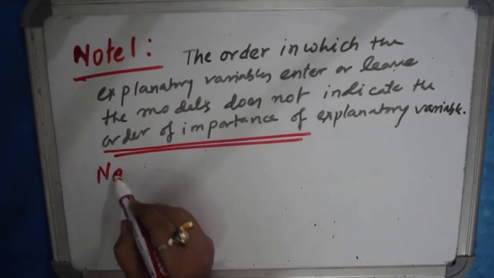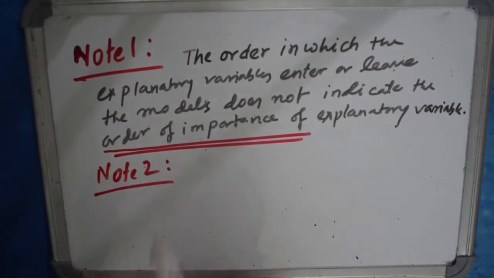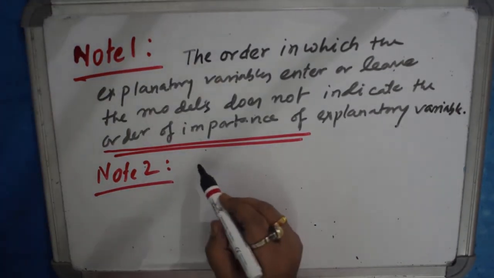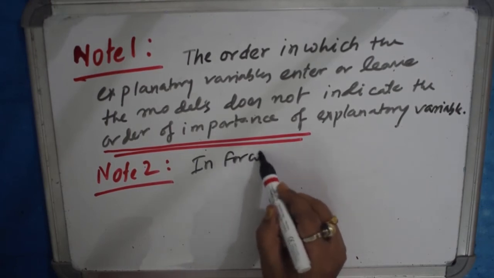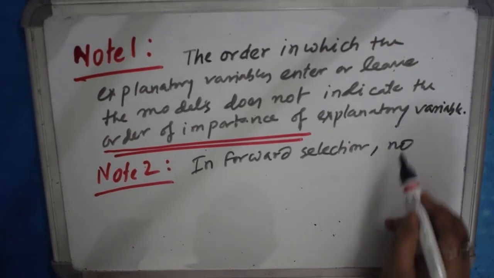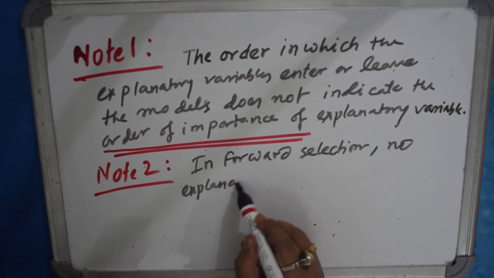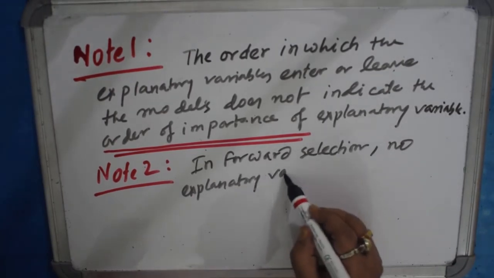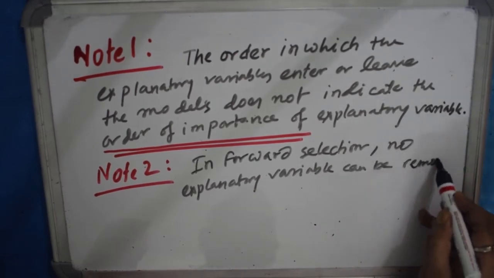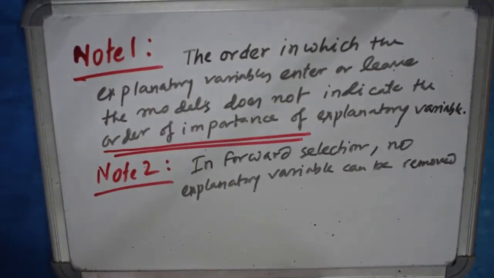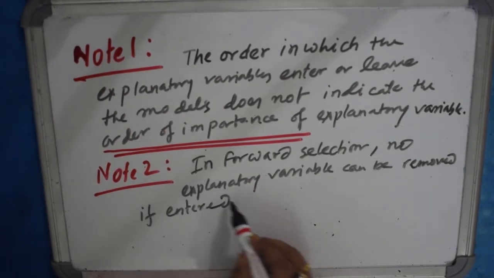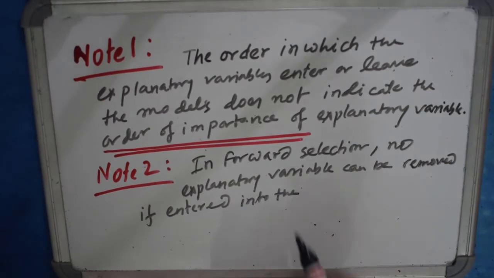Note 2. In forward selection, no explanatory variable can be removed if entered into the model.